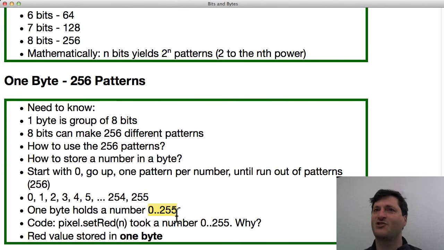It cannot store 300 or minus 12 or whatever. So that's why in this scheme, setRed takes a number 0 to 255. It reflects that the red value, and this is also true for the green and the blue values, each one of those is stored by 1 8-bit byte. And so that's why the range is exactly 0 to 255. So the mystery of the 255, now you know.